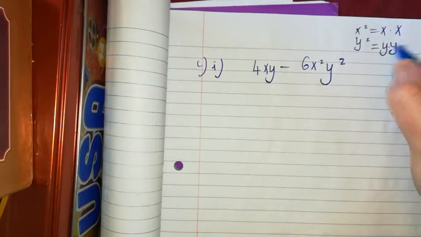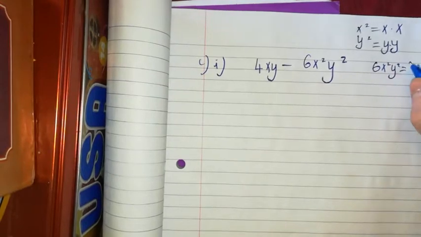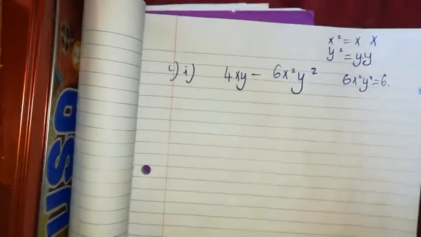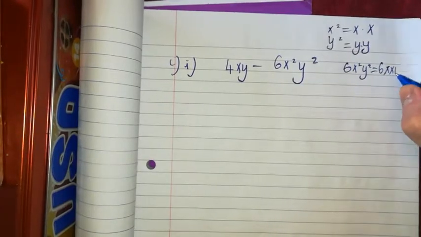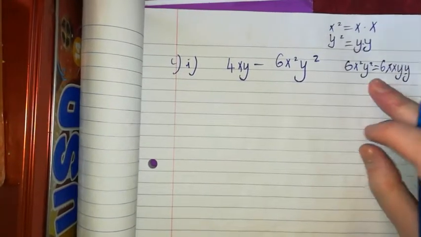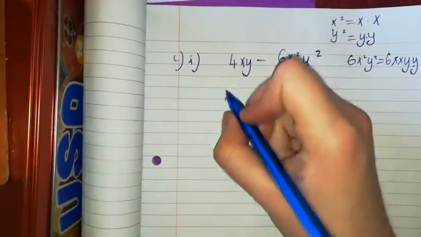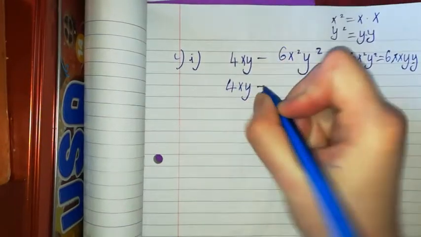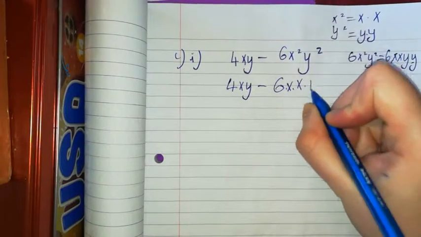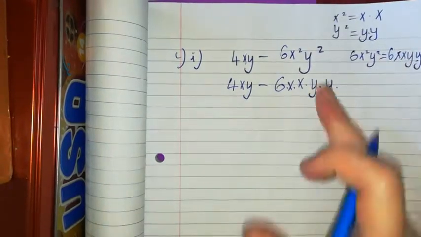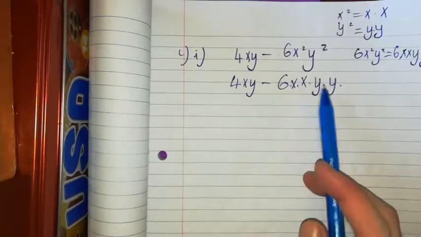So if we had 6x squared y squared, that'd be 6 multiplied by 2 x's, and then multiplied by 2 y's. So I'm going to write this as that: 4xy minus 6, and instead of x squared, I'm going to write x by x, and then 2 y's multiplied as well. I don't have to do this step, but I'm just going to do it so we can see exactly. So I'm going to see what we can divide both of these by.